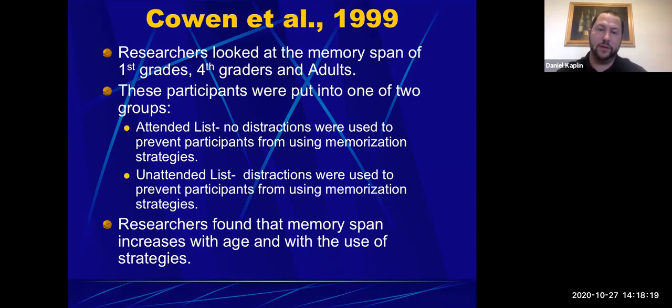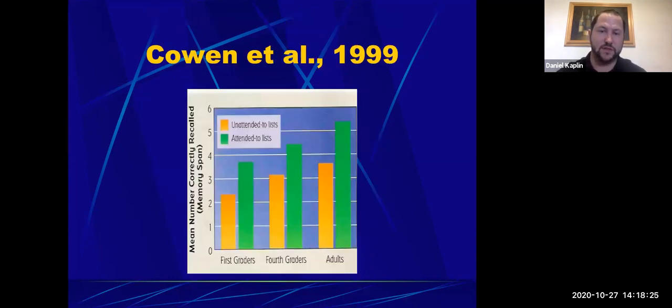Now, what did they find? Well, they found in general that memory span increased with age and the use of strategies. So here's the data. As one got older, you'll see that the bars tend to increase. Whether we're looking at the yellow bars or the green bars, as one gets older, then the recall or memory span tended to increase.